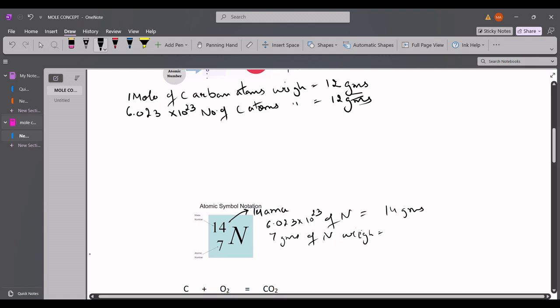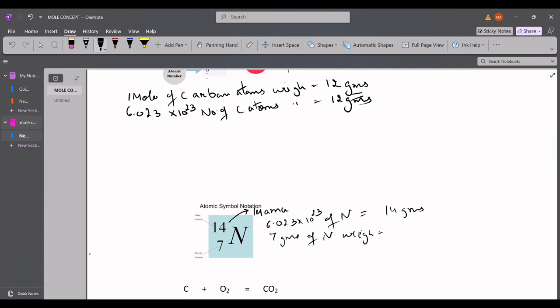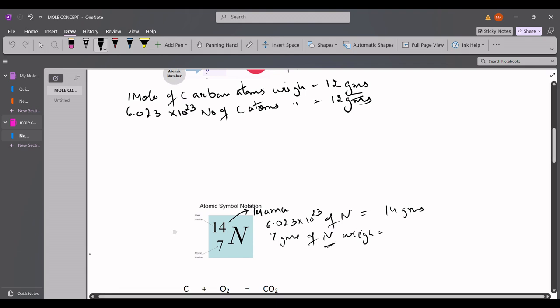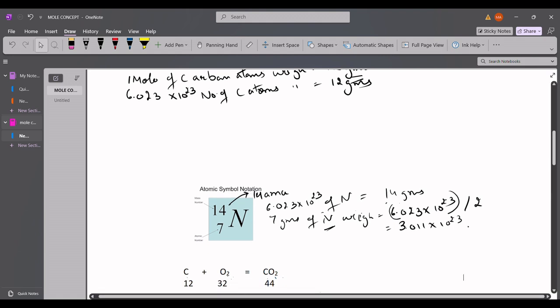How many atoms of nitrogen do we have in 7 grams? 14 grams has 6.023 into 10 raised to power 23 atoms, so 7 grams should be 6.023 into 10 raised to power 23 divided by 2. It should be 3.01 into 10 raised to power 23 atoms. So you see, the calculations have become easy.